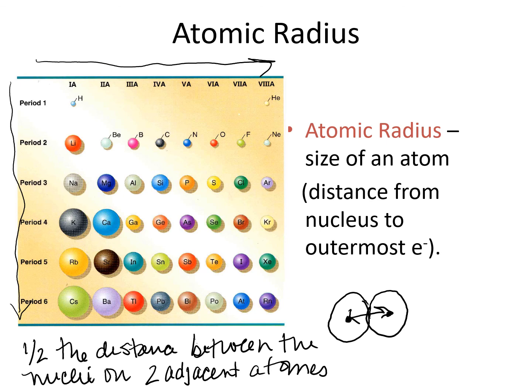But think about this. As we go from n equals 2 to n equals 3, we're increasing the number of shielding electrons, because now all those electrons in n equals 2 can protect the n equals 3 electrons from that pull from the nucleus.